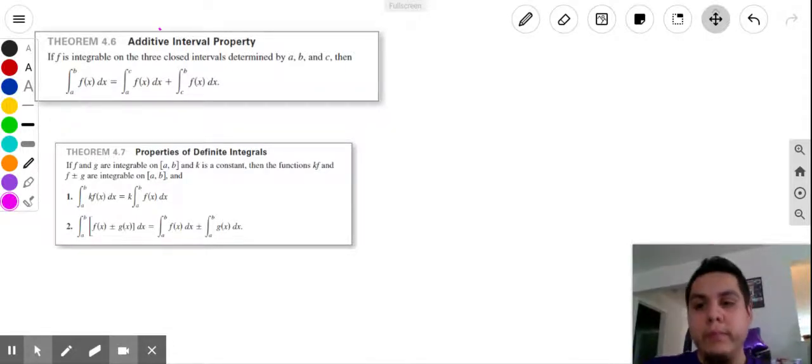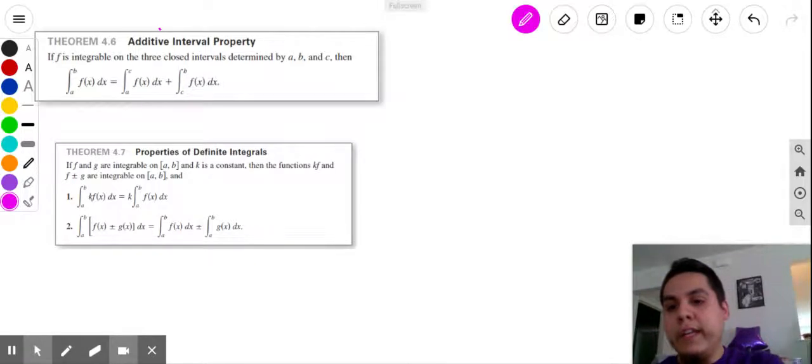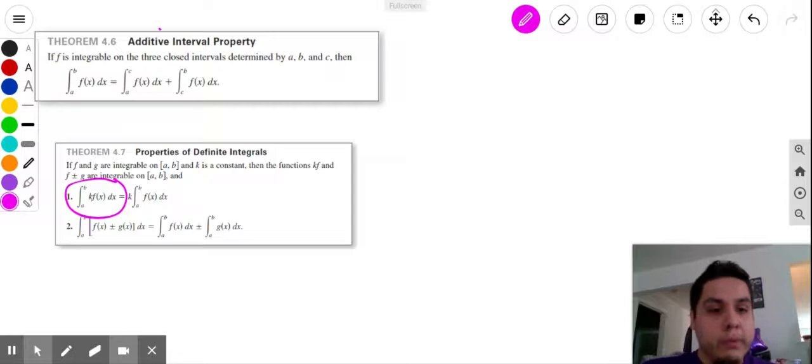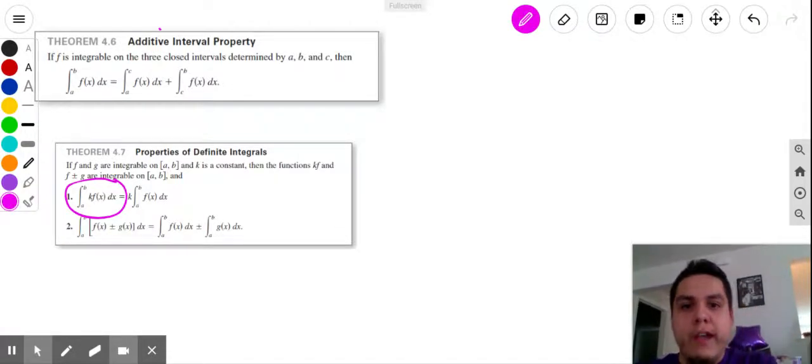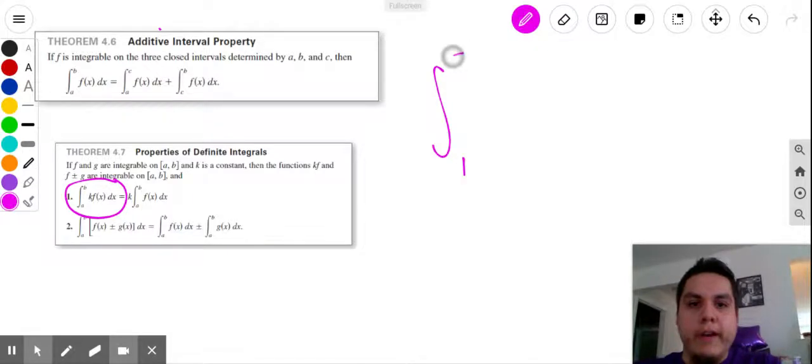So for the first one, it's just stating that if you have a constant multiplier, what you can do with that constant is pull it out and then multiply by the integral of the regular function you have. So let's say I have the integral from 1 to 5 of 3 times x dx.